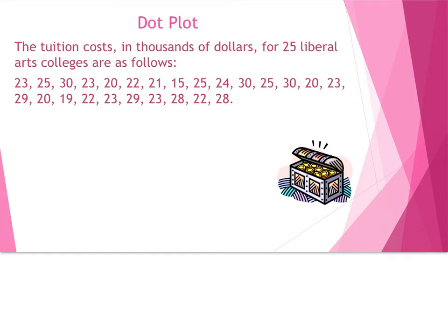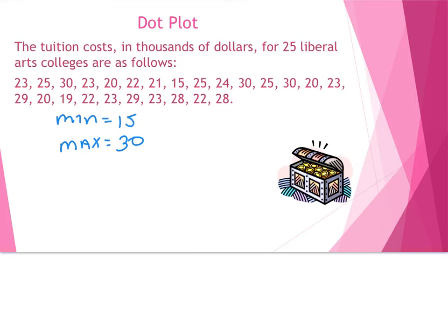So if I look at my data, the smallest data value I see is 15, so my minimum is 15, and my max, my highest number, is 30.